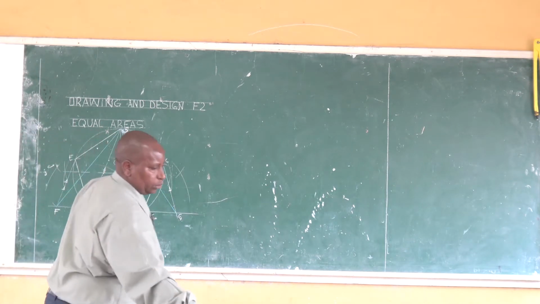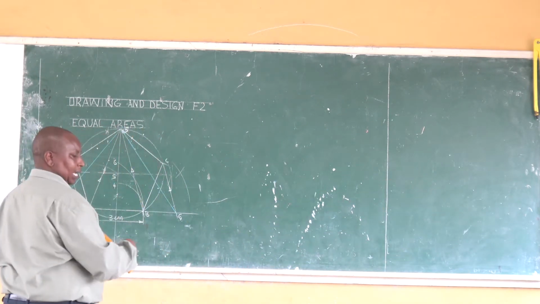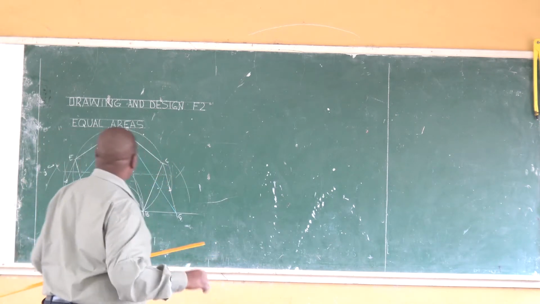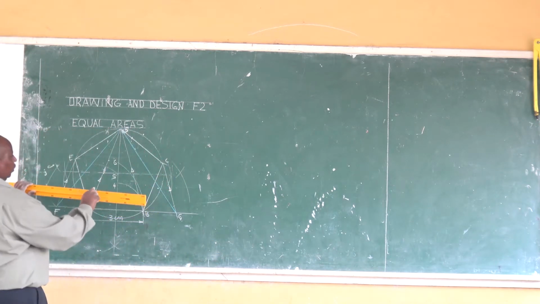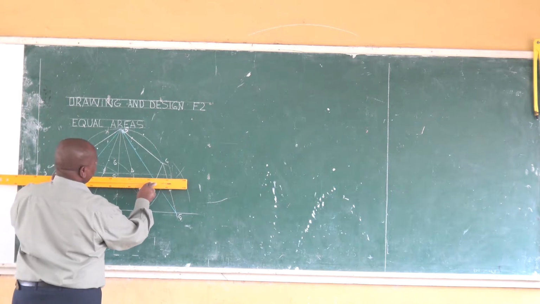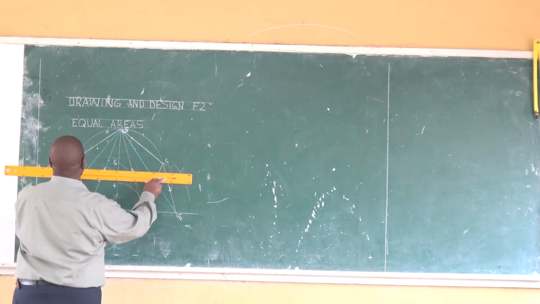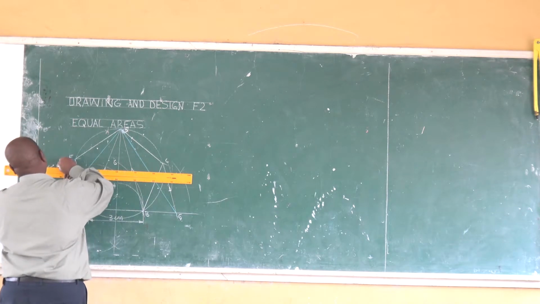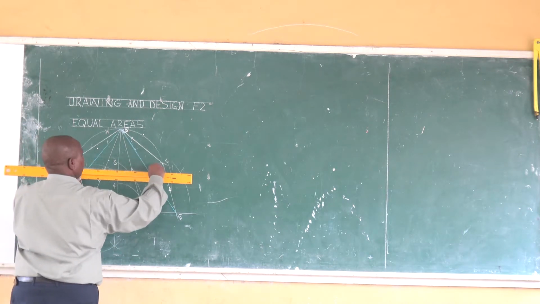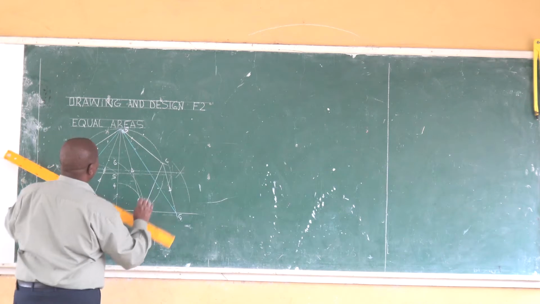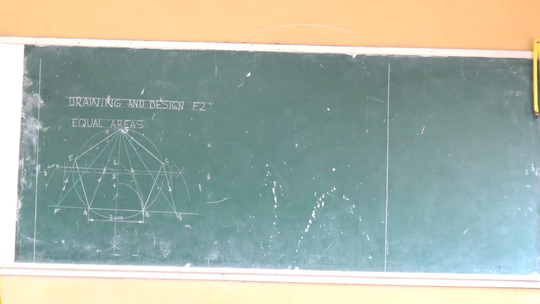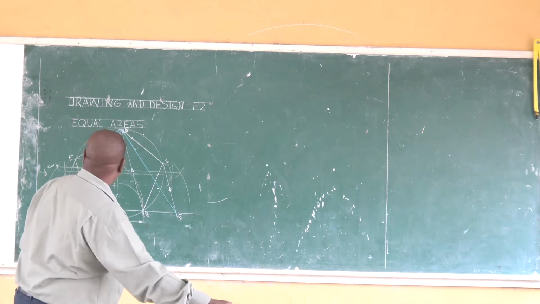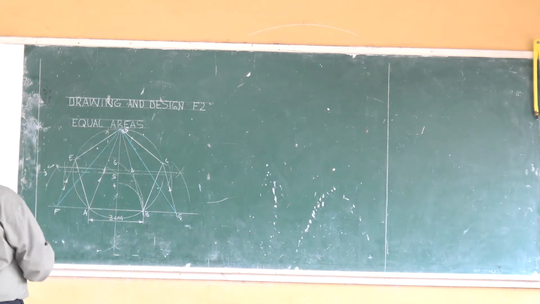So ensure that your line work is of top-notch quality so that you don't lose yourself in a quagmire of lines in your construction. So draw a line that bisects the altitude of the triangle there. Then erect a perpendicular from point F.